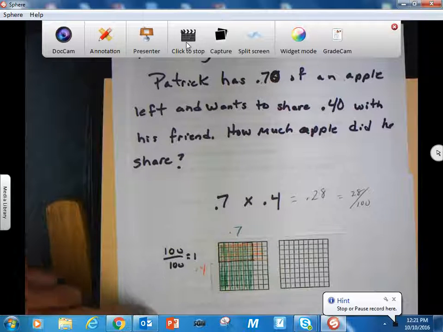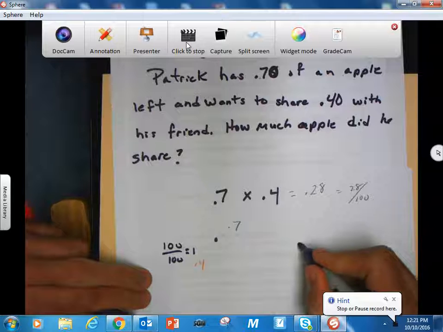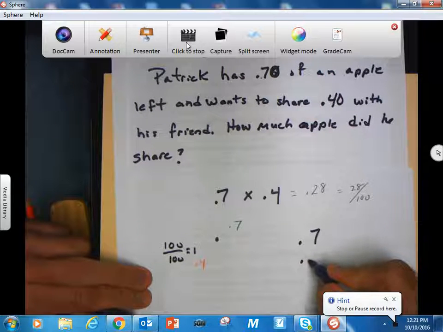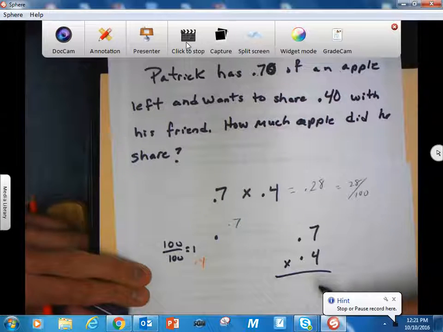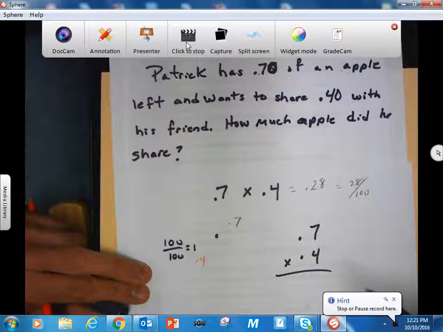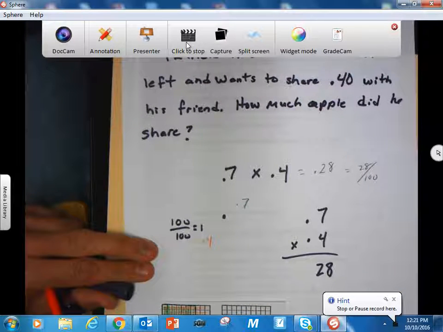All right, we're going to go ahead and write an equation now just to check this. We'll do a mathematical check, just like we did before. If we wrote it vertically, 7 tenths times 4 tenths is 28. Just pretend that's really 7 wholes times 4 wholes, which would be 28 wholes. But it's really not 28 wholes, is it? Because it's part of a whole.